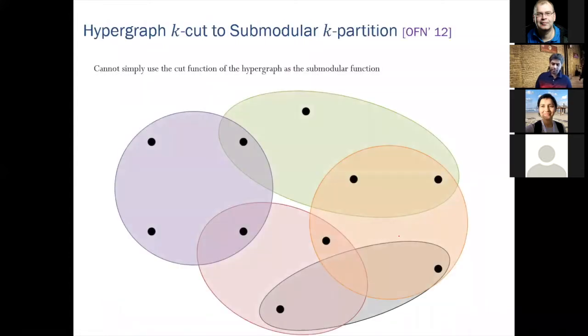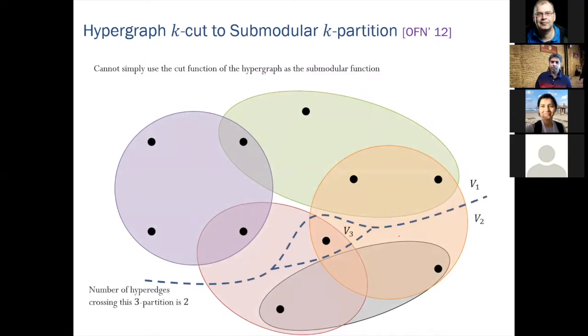So just to illustrate this, let's look at the same example again. Look at this 3 partition. The number of hyperedges crossing this 3 partition is 2. Only the red and orange hyperedges cross this 3 partition. But the submodular 3 partition objective is the sum of the function values of the 3 parts.